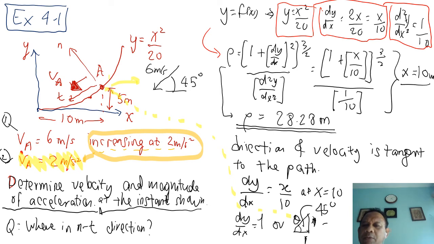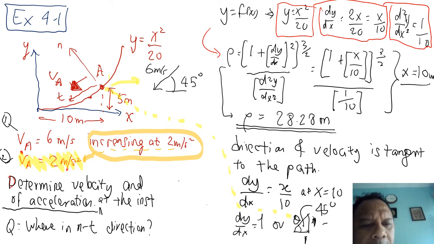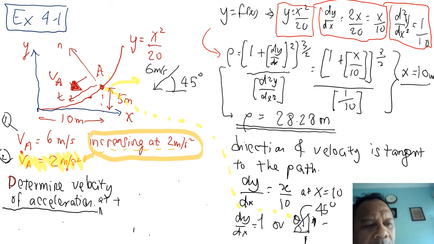And what would be the magnitude of acceleration? So I'm going to rub this off. Just need some space to do the calculation here. What is the direction of acceleration?